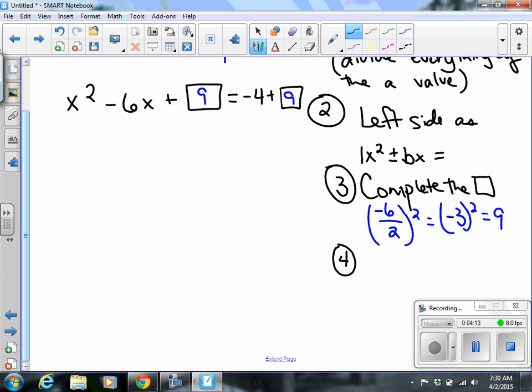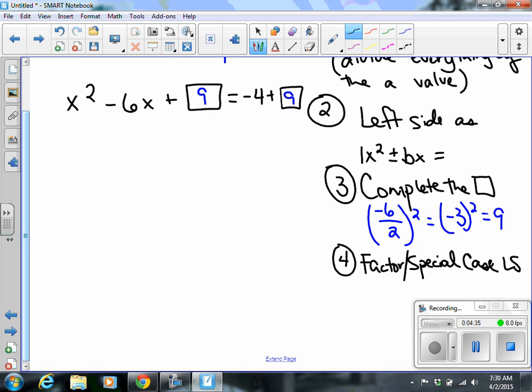Step 4 is to factor using special cases the left side. I'm going to call it LS for short. Okay, so what does that mean?